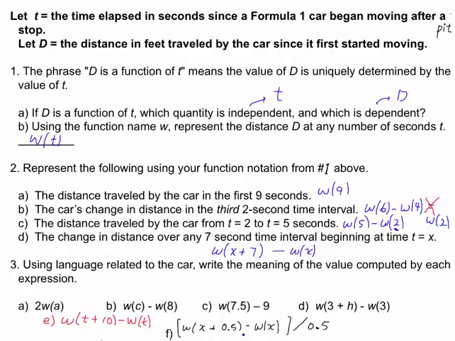The total distance traveled over a half-second interval divided by 1/2 second. This is a distance traveled over the corresponding time it took you to travel that distance. That's like a speed. That's going to be an average speed over that 0.5 second time interval.